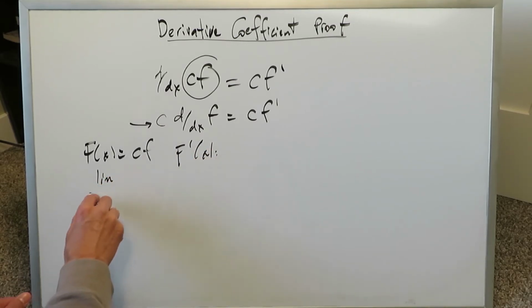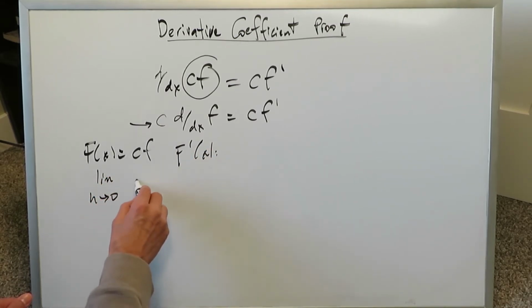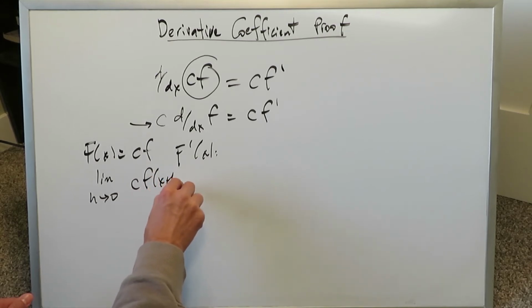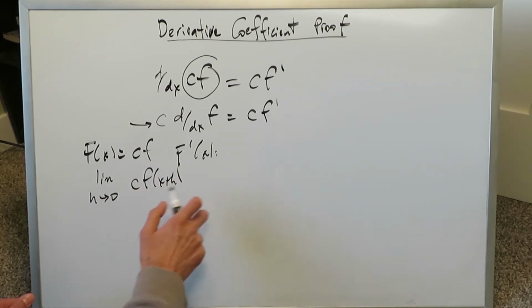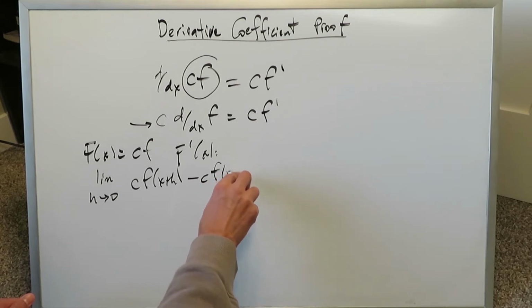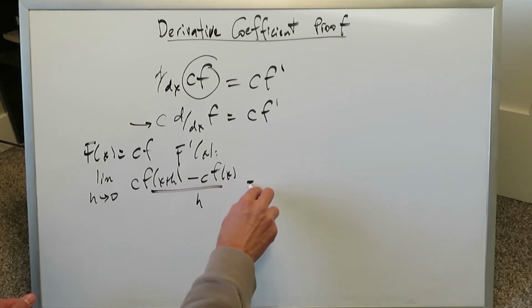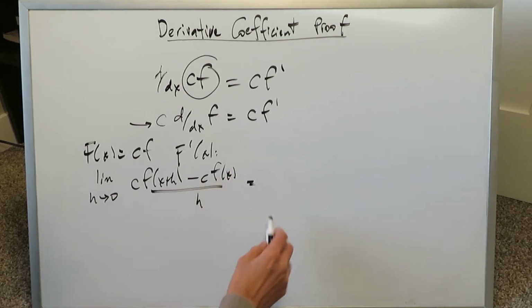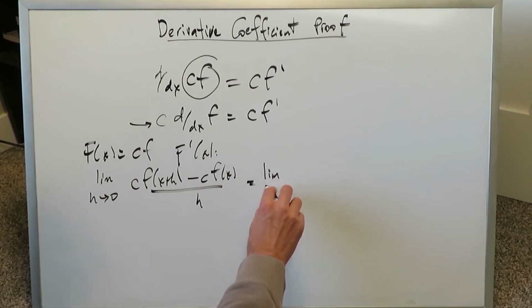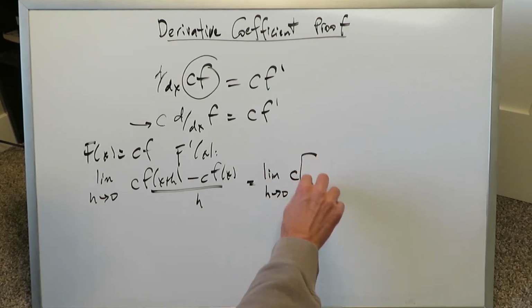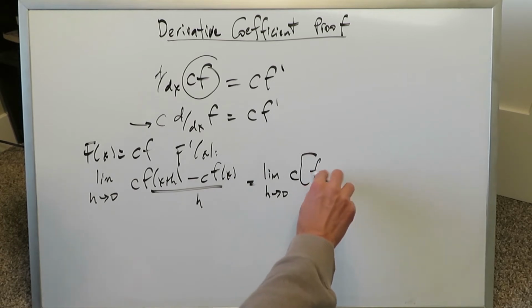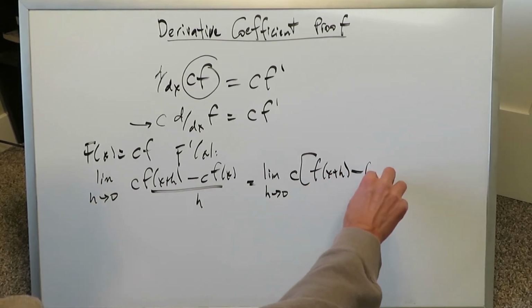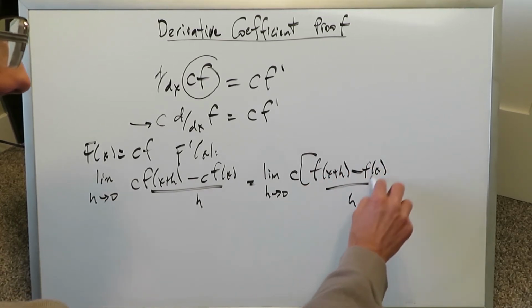You do the basic definition of a derivative. You're looking at this: constant times f of x plus h minus constant times f of x, all divided by h. The basic definition of a derivative, you could isolate the constant. Let's do that, limit as h approaches 0. I isolated the constant because it was a common term. I had f of x plus h minus f of x all over h.